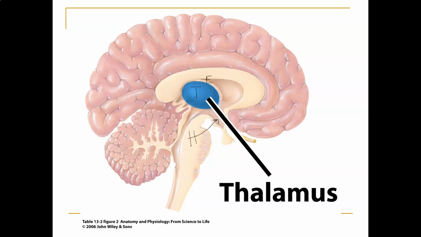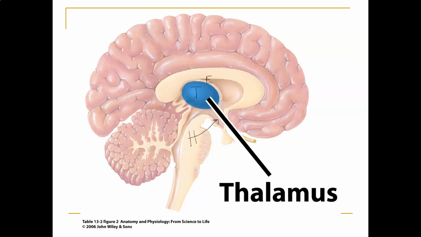So one of the main functions of the thalamus is it's sometimes called the sensory gateway to the cerebrum. In other words, most of your sensory information, like vision and taste and somatosensory information, goes through the thalamus.